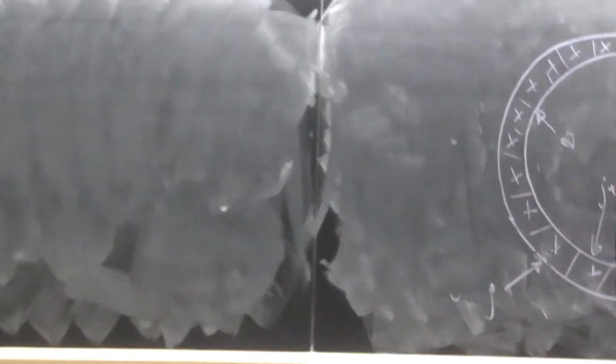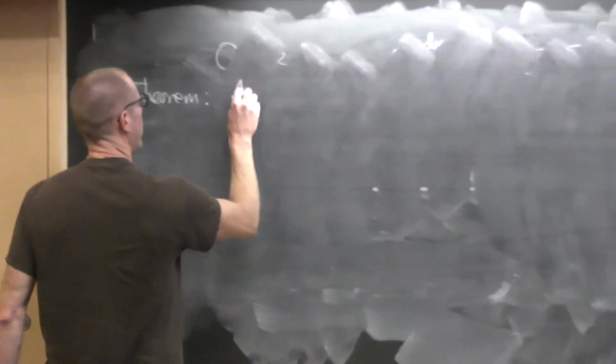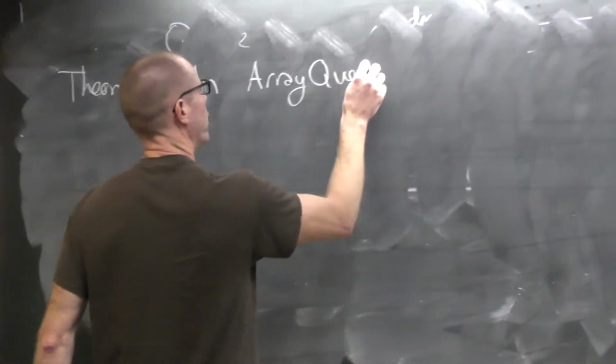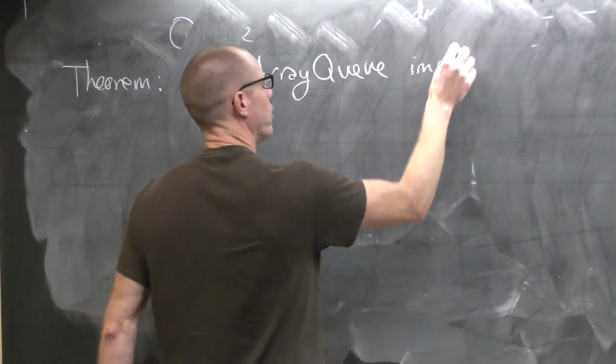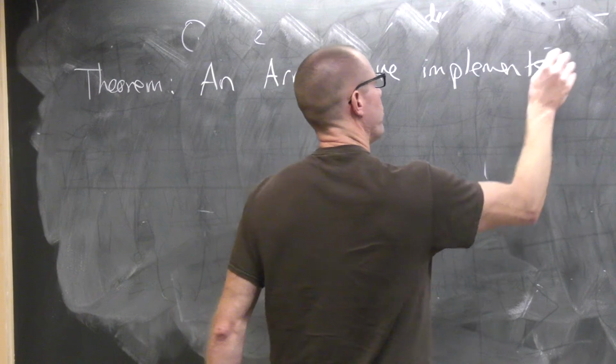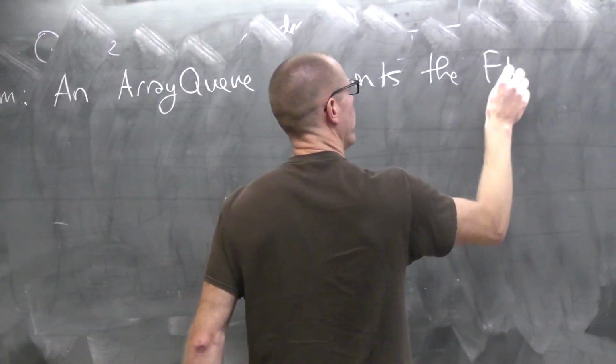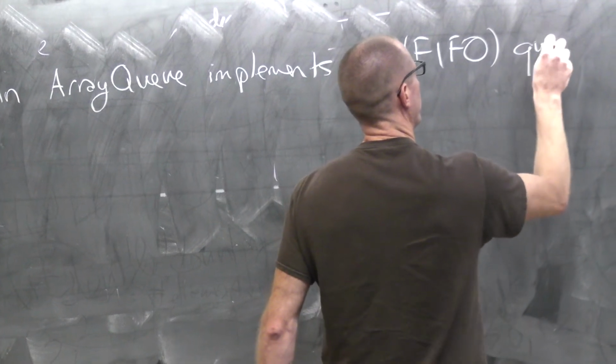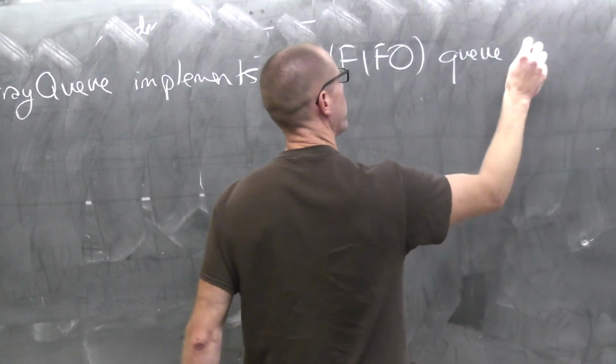And that theorem says, it's going to look familiar to us. An array Q implements the FIFO Q interface.